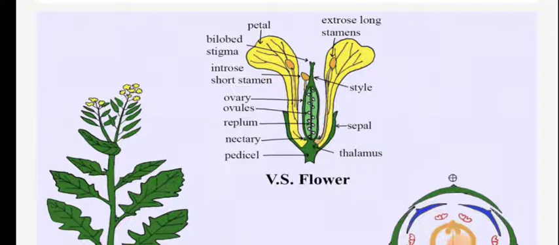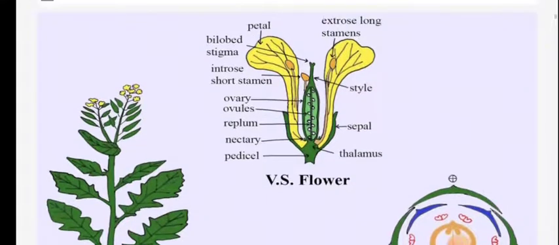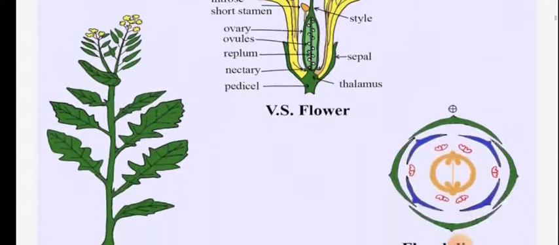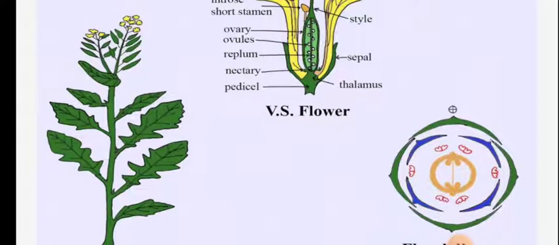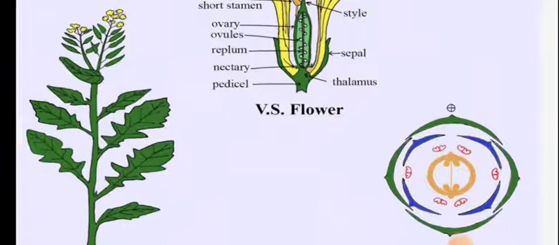Then stamens are inside the floral whorl, so it is called as the included condition, you see on the left side. Then there is the stigma, the bilobed stigma is there. And in some, the stamens are outside of this floral whorl, it is called as the exserted condition. On the right hand side you are observing floral diagram.